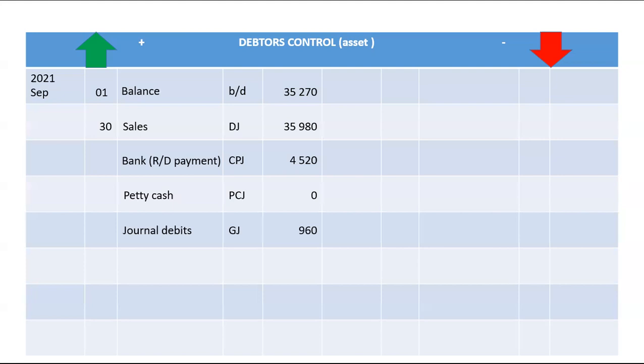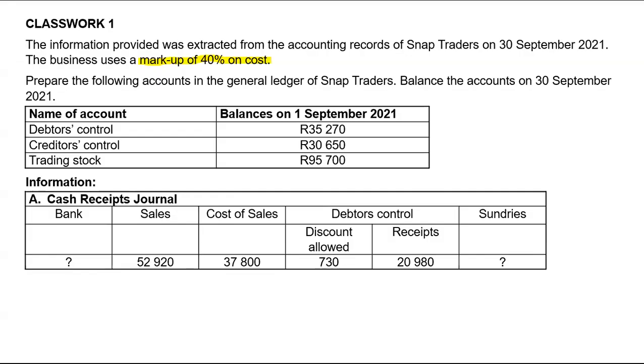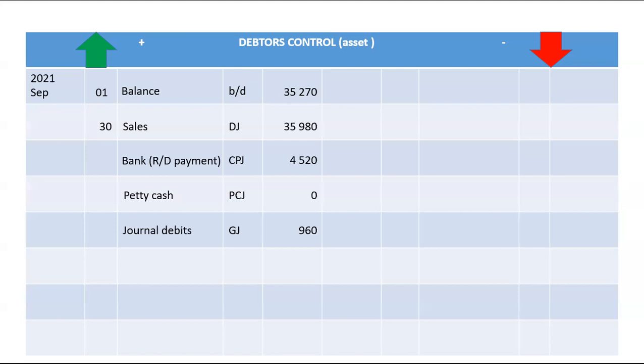What will reduce this account will be your cash receipts journal. You will add your receipts plus discount. So you will add the 730 with that 20,980. That will simply give you bank plus discount allowed. This comes from your CRJ. And when you add the two, that will give you 21,710.